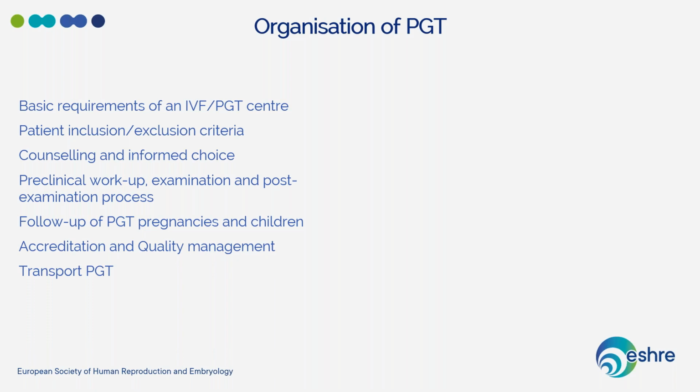It also covers patient selection, counseling, informed consent, the pre-examination process, the examination process, the cycle, and then the follow-up of the cycles, also follow-up of the pregnancies and the children, accreditation and quality management, and also the item of transport PGT is covered in this paper.